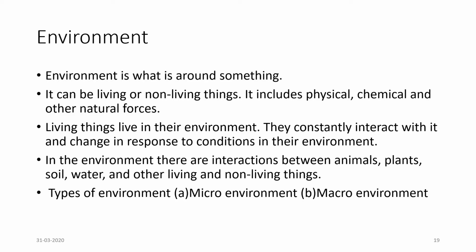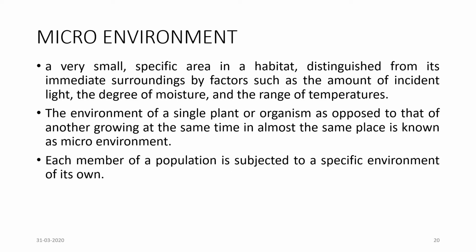You can have two different types of environment, a microenvironment and a macroenvironment. A microenvironment is a very small specific area in the habitat, distinguished from its immediate surroundings by factors such as the amount of incident light or the degree of moisture. The environment of a single plant or organism, as opposed to that of others at the same time in almost the same place, is known as microenvironment.